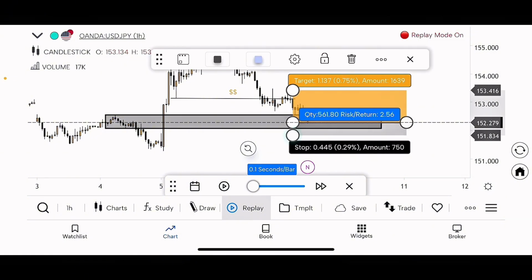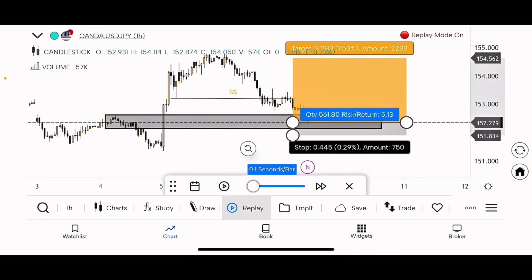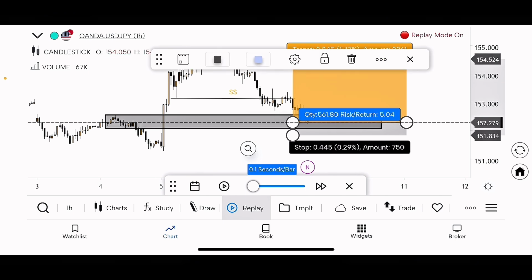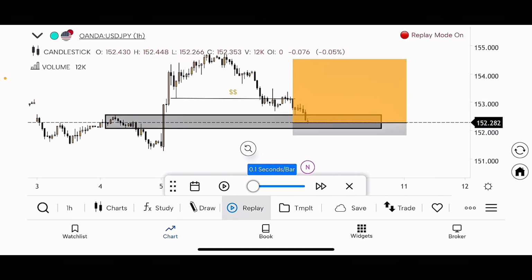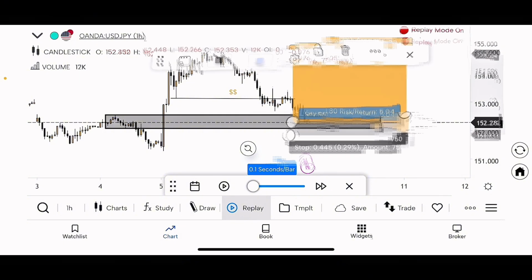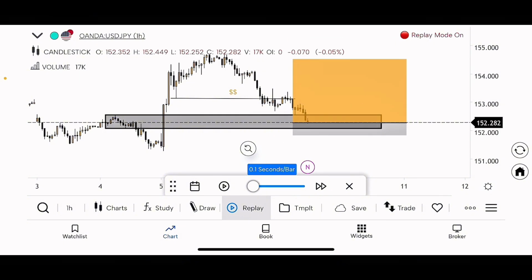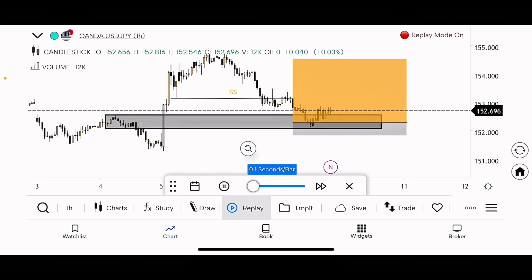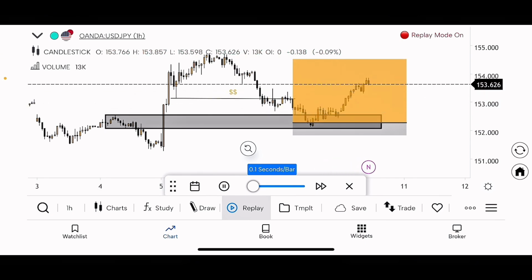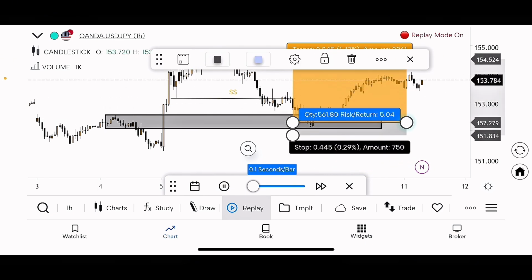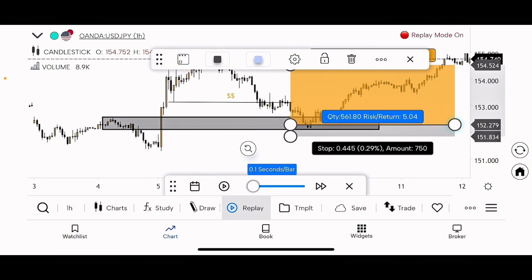So I think it's okay here. Then your TP will be what? That high. So this gives us a very healthy reward of 1:5. So let's see how price played out. All right. So let's see. TP smashed.